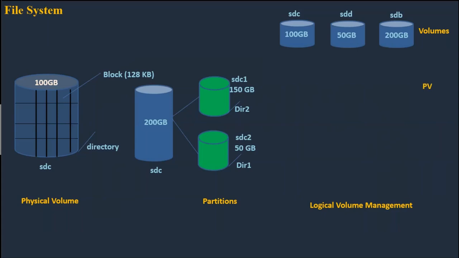In order to start using logical volume management to create file systems by using these EBS volumes associated to the EC2 instances, we need to work with three different components. One is called a PV, which is a physical volume. One is called a VG, which is the volume group, and the other one is called an LV, which is the logical volume.